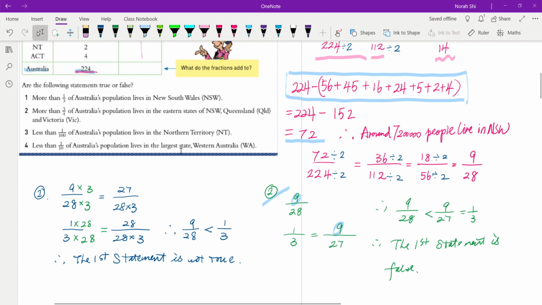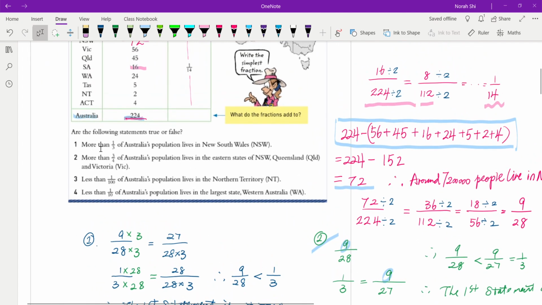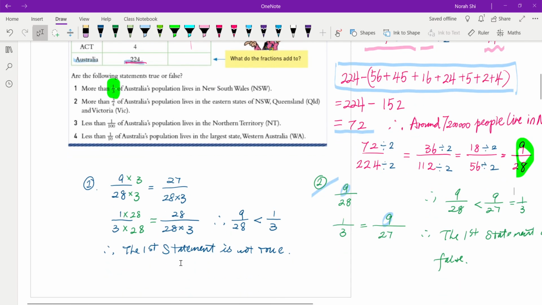Now, how can we answer the question about whether 9/28, which is the fraction of Australia's population living in New South Wales, is greater than a third or not? We're going to compare these two fractions. How can we compare these two fractions which have a different denominator? We can change them into the same common denominator by multiplying both numerator and denominator by the same number.